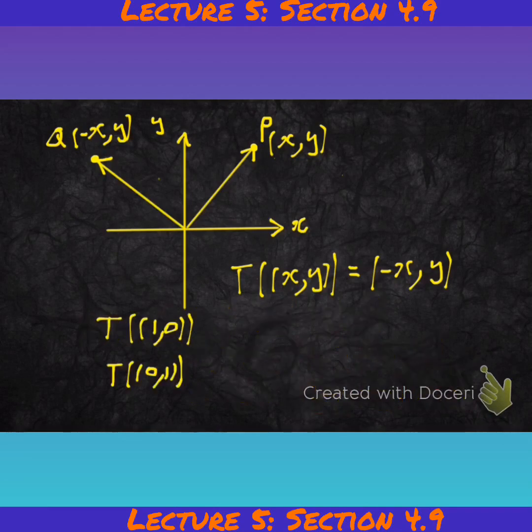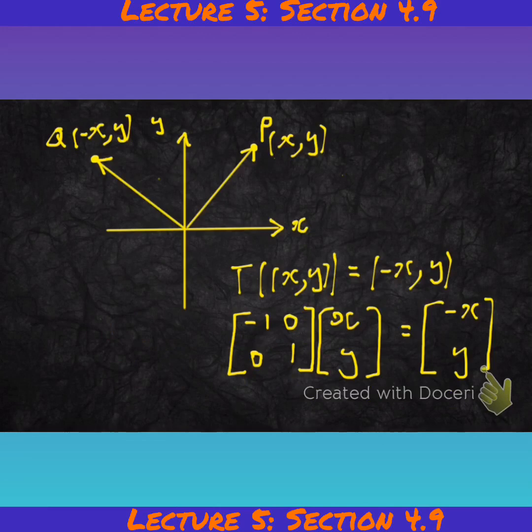So we know what T does to 1, 0. It maps it to the point minus 1, 0. And we know what T does to 0, 1. It maps it to 0, 1. Taking all that together, the matrix that is going to transform the vector x, y into the vector minus x, y is the matrix minus 1, 0 and 0, 1. That's the standard matrix that's going to do that for me.